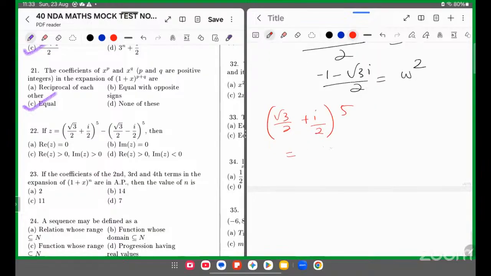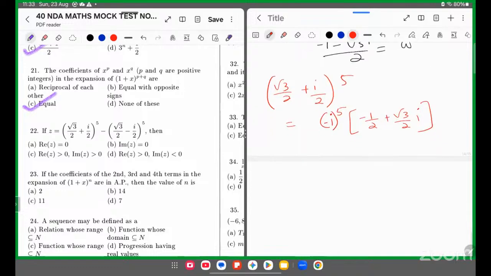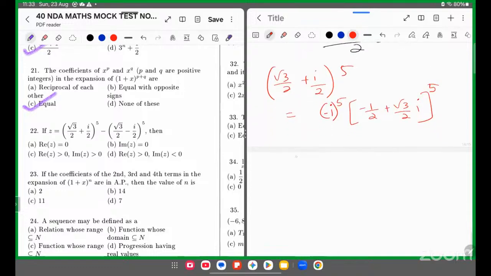If I take iota out, iota raised to 5, 1 by 2 minus root 3 by 2 iota. If I take minus also out, minus iota raised to 5, minus becomes plus. So this is actually omega. So minus iota raised to 5 is minus iota omega raised to 5. So it will become minus iota omega square.